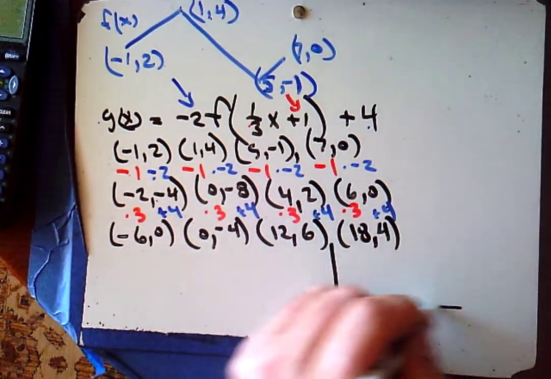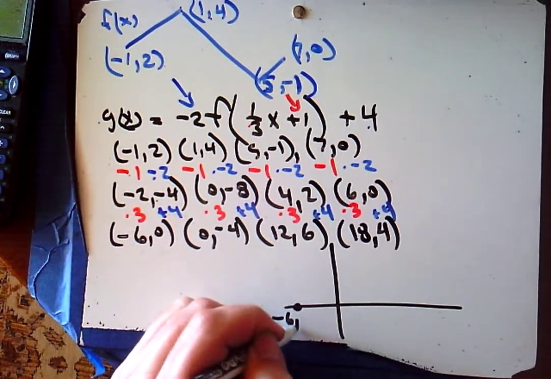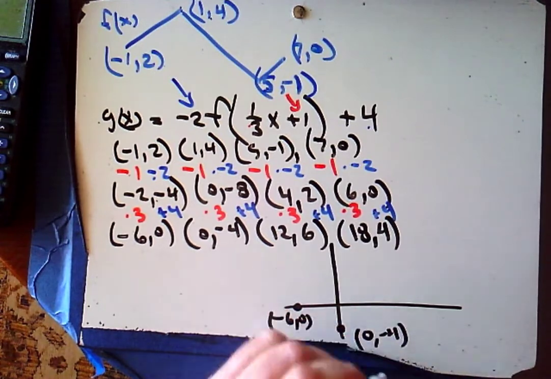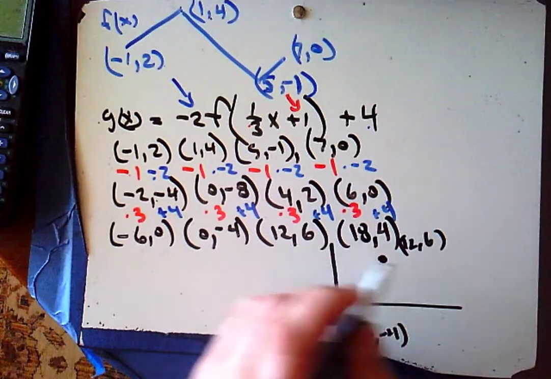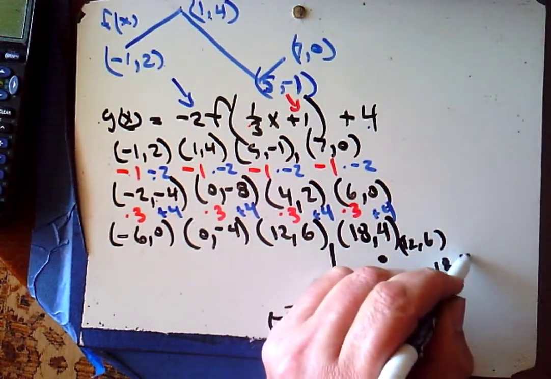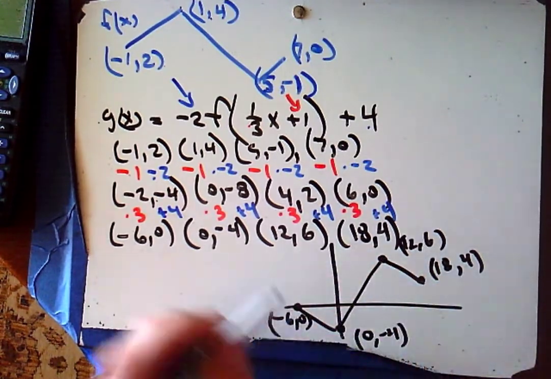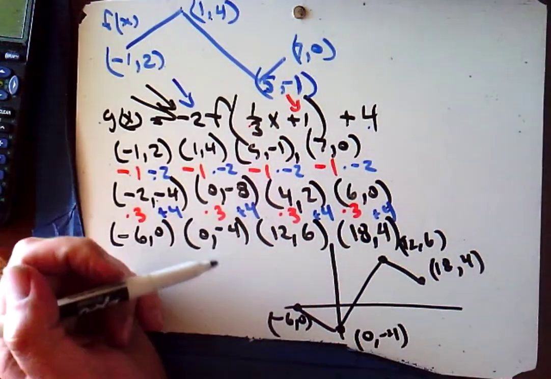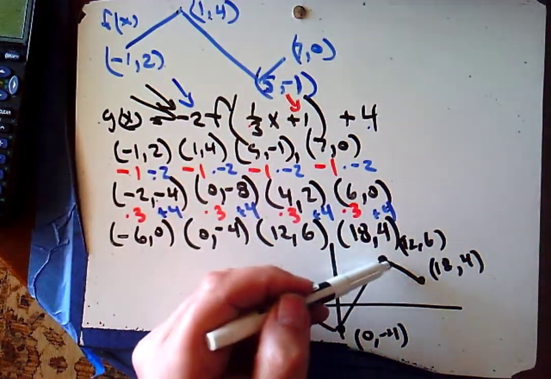Okay, so what's that going to look like? (-6, 0), (0, -4), (12, 6), and (18, 4). And remember, we needed something that was flipped upside down. So this high point became this low point, and this low point became this high point.